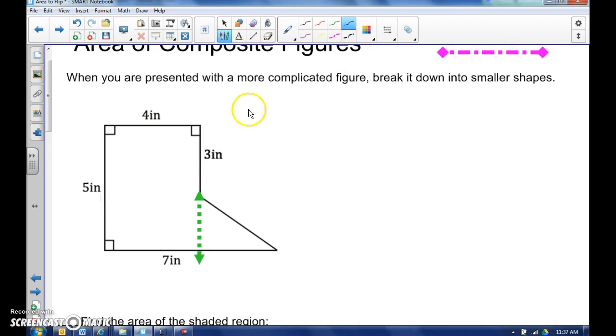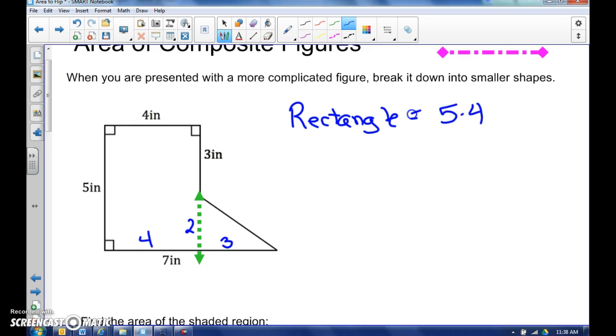All right, so if I know that this is 4 and this is 7, that means this piece right here must be 4, and this piece right here must be 3. If I know that this is 5 and this is 3, that means this piece right here must be 2. So my rectangle has dimensions, height of 5, width of 4, 5 times 4 is 20.